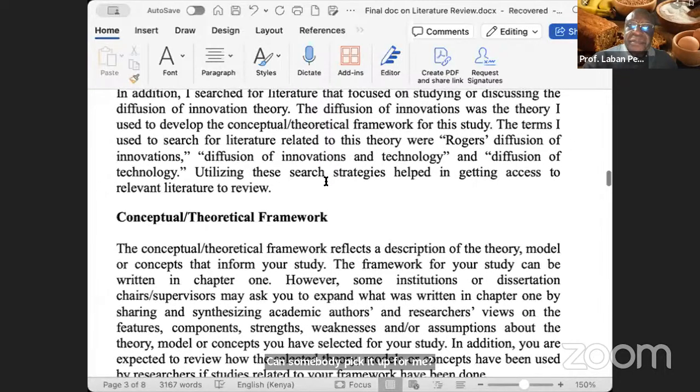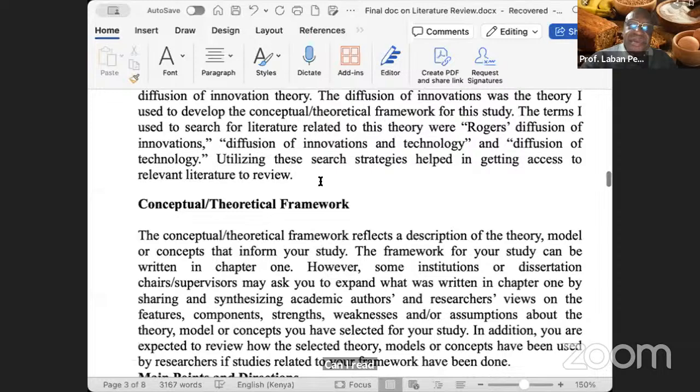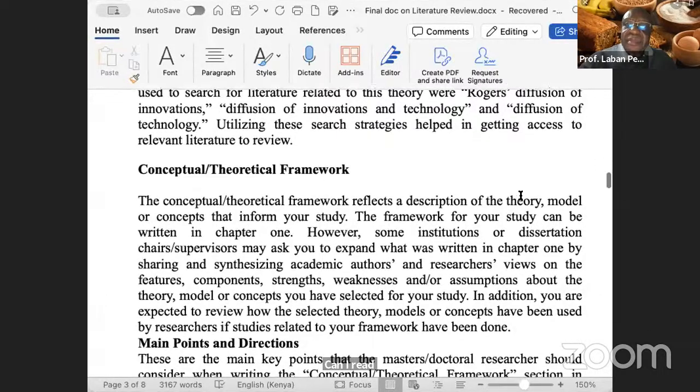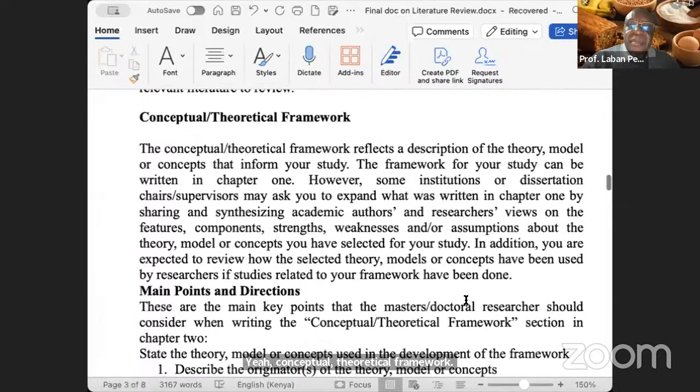Can I read? Yes, Zipporah, thank you. Conceptual theoretical framework. The conceptual theoretical framework reflects a description of the theory, model, or concepts that inform your study. The framework for your study can be written in chapter 1.